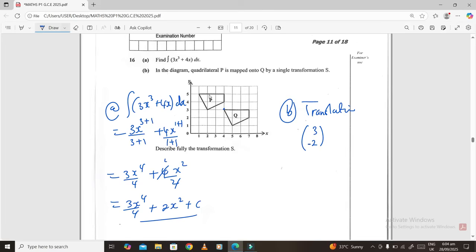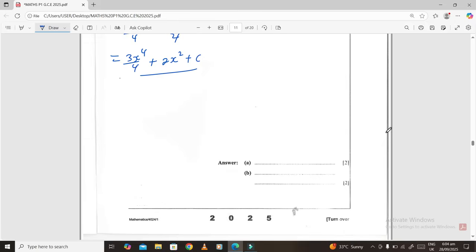So it went this way 3 steps and then downwards 2 steps, and this is how it is. So we can write our answers here. 3x^4/4 + 2x^2 + c, then there it's translation, and then the vector is (3, -2).